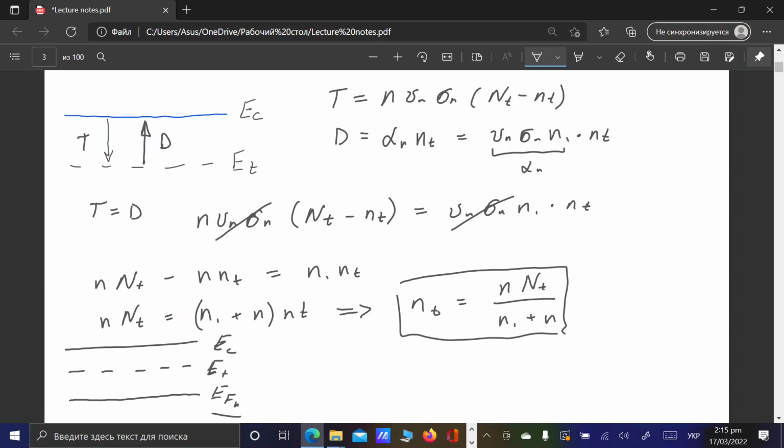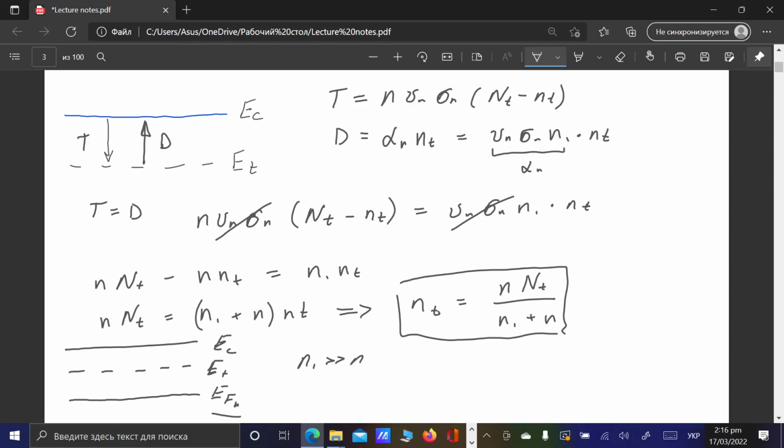So in that case, we can write that N1 will be much larger than N, because N1 and N, they are functions of position of ET and EFN. If EFN is deeper than ET, there will be exponential function, which is a strong function.